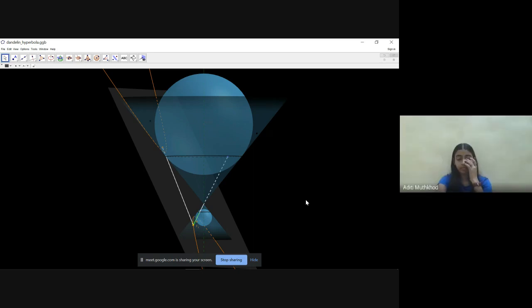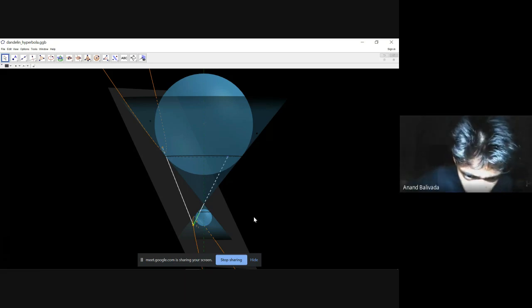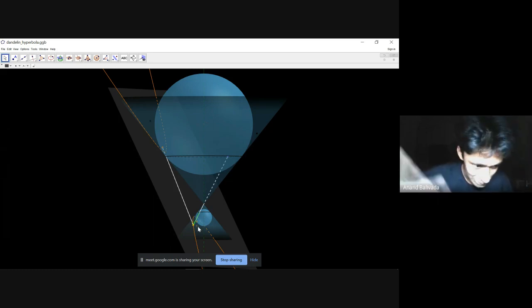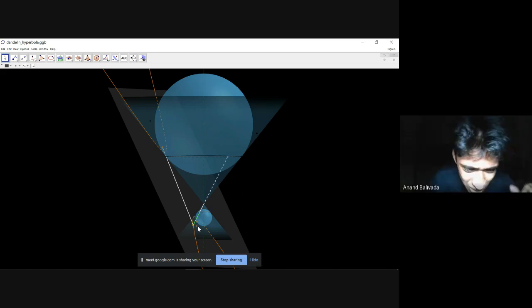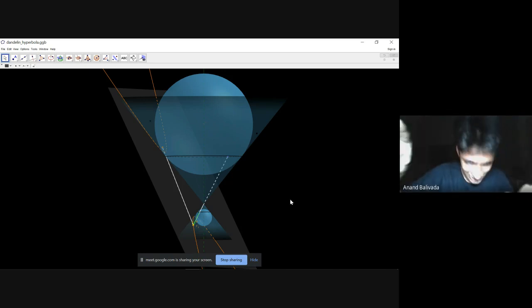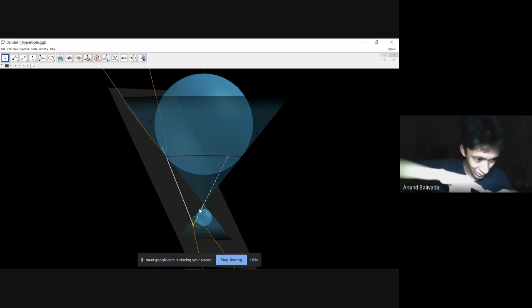Then PM and PM plus MN. What is constant? That white line, M to N, is constant. Yeah, M to N is constant because it's along the cone.